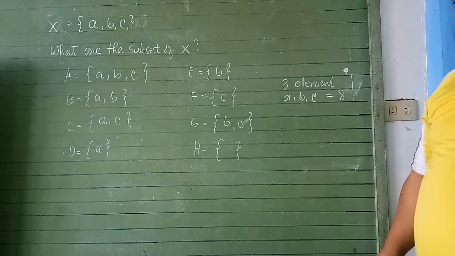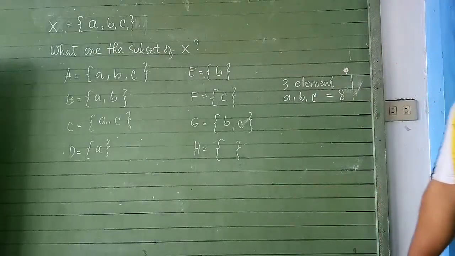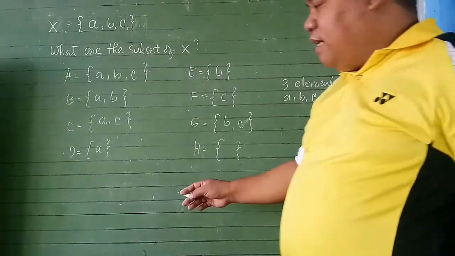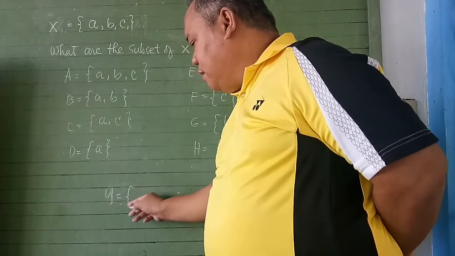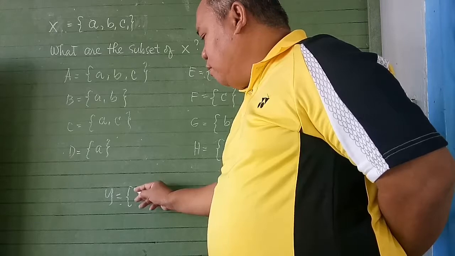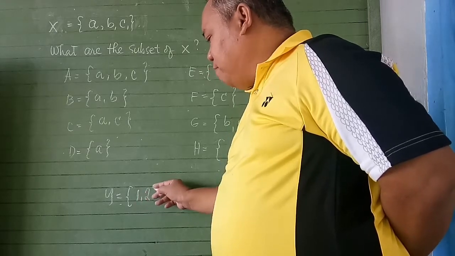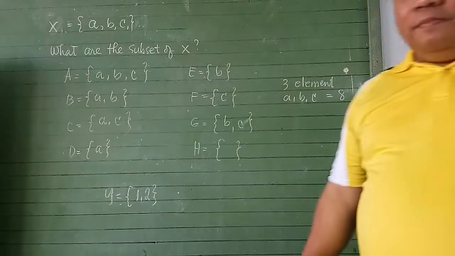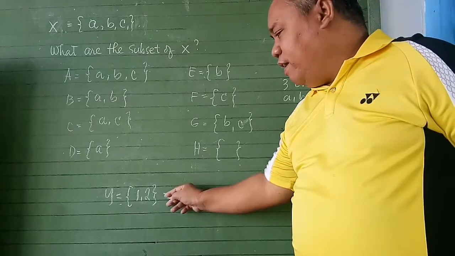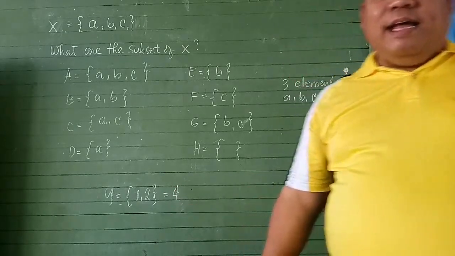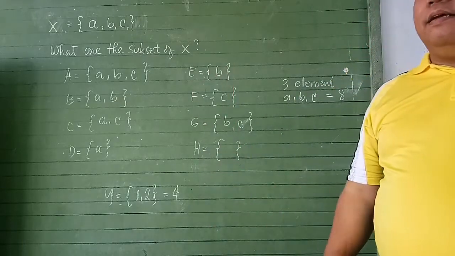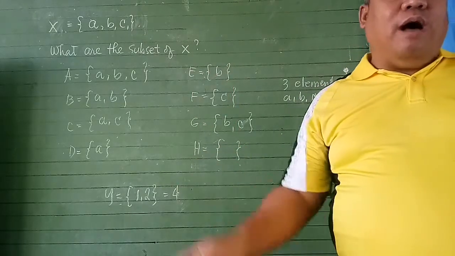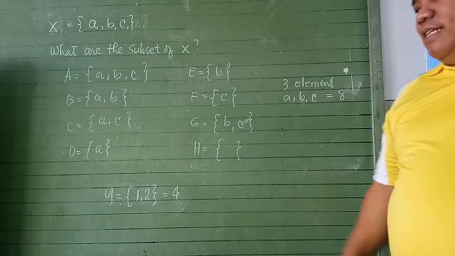Now, can you notice ilan lahat? Sa tingin niyo, let's say maglalagay ako dito ng set Y. Set Y contains 2 elements, that is 1 and 2. Ilan kaya ang subset niya? It contains 4 subsets, di ba? Kasi subset 1, 2. Yan. Let's say, tapos ano pa isa? 1, 2, and null set.